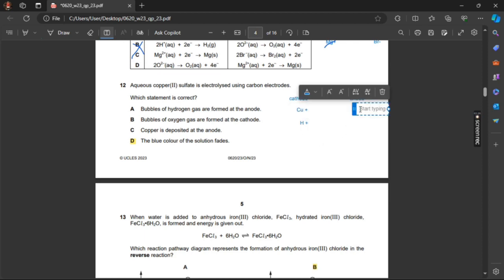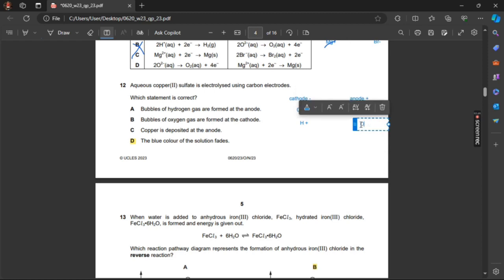At the anode there will be SO4 2 minus or OH minus. Copper is less reactive than hydrogen, so hydrogen remains in the container, and copper will form at the cathode, and it's aqueous, so there will be hydroxide ions.